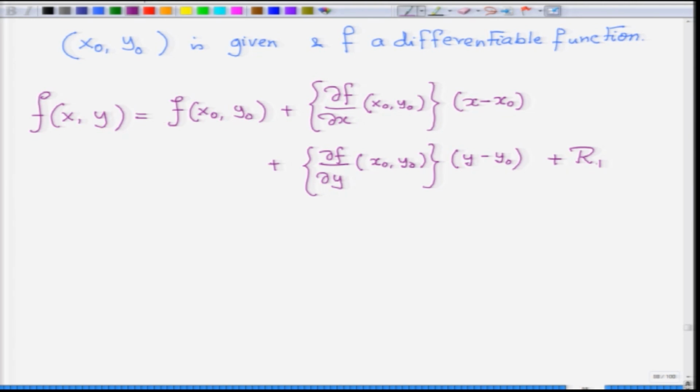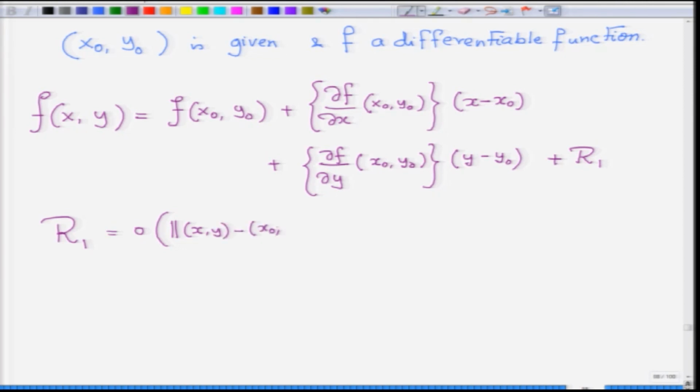I am not writing the error in detail, but R1, the error, has to be O of the norm of, here basically we need the length, the norm of the vector x y minus x naught y naught.